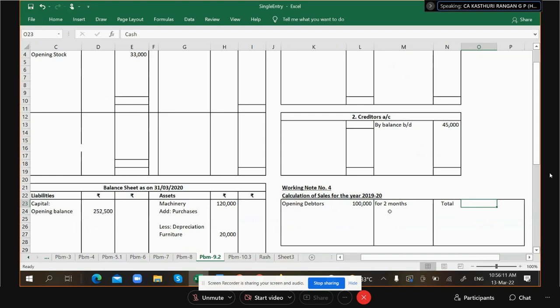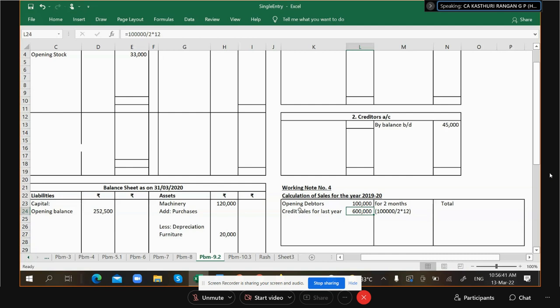So what will be the credit sale for last year? It will be 6 lakhs. How? If 1 lakh is the sales for 2 months, what will be 12 months sales? 1 lakh by 2 will get you 1 month sales. Multiply by 12, 12 month sales. So in the last year, the sales was 6 lakh.